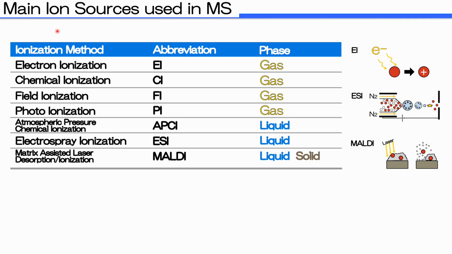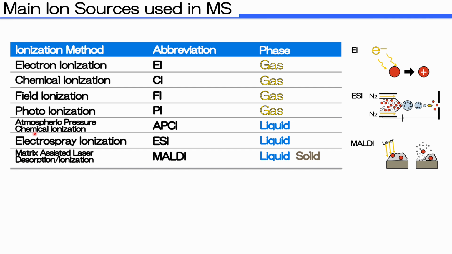The table here summarizes the commonly used ion sources: electron ionization, chemical ionization, field ionization, and photoionization are used for gas phase samples.